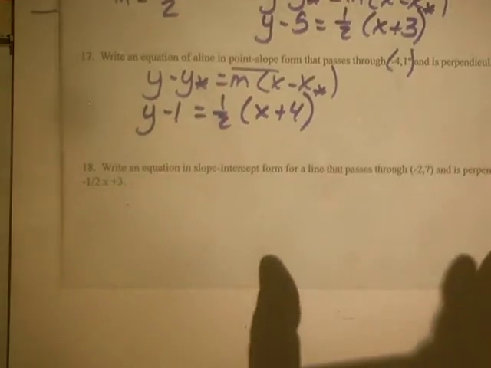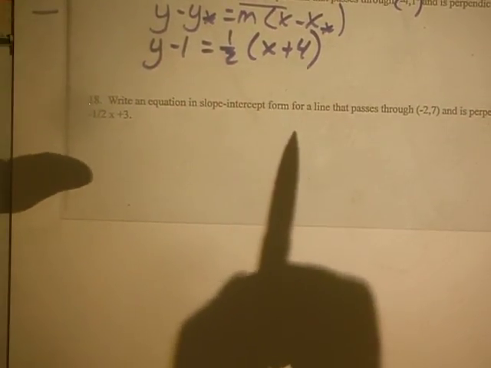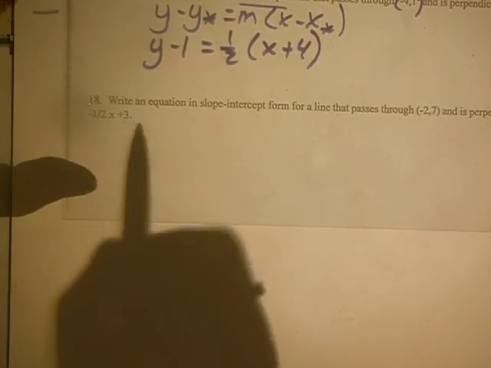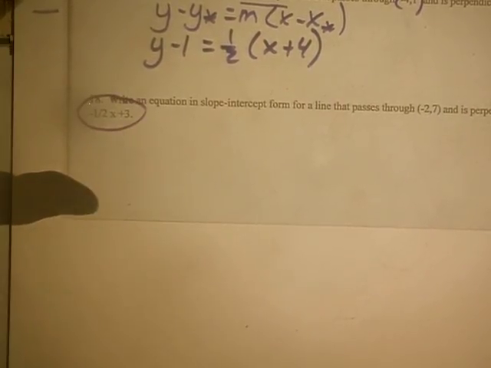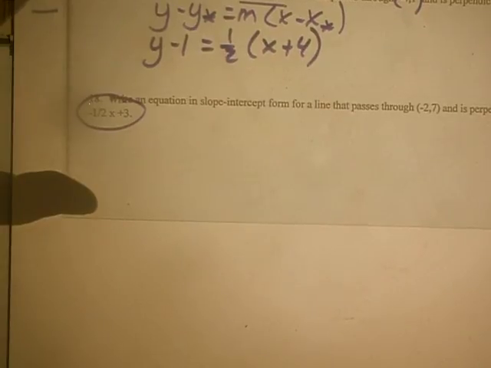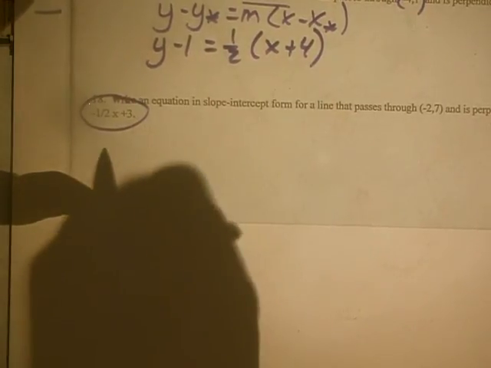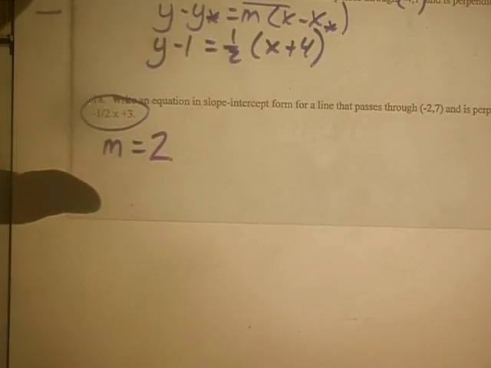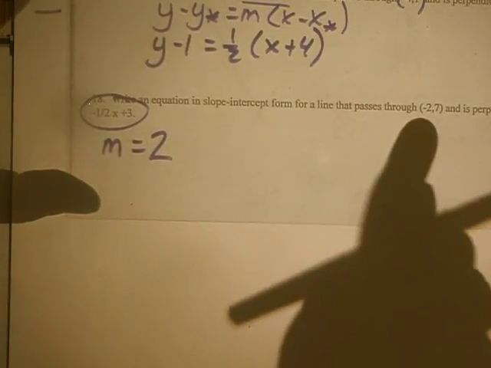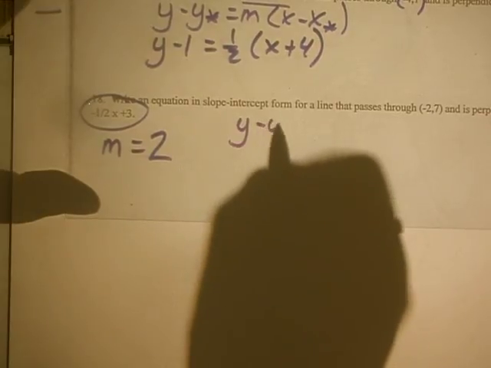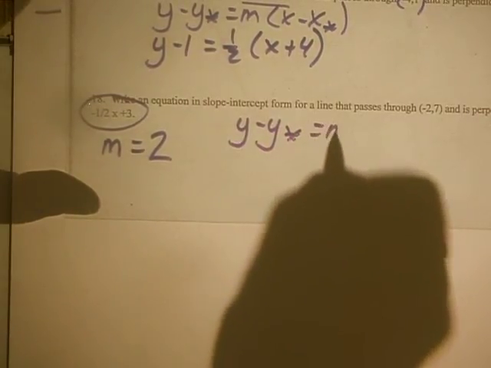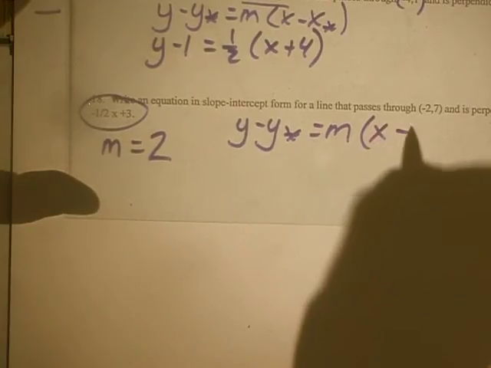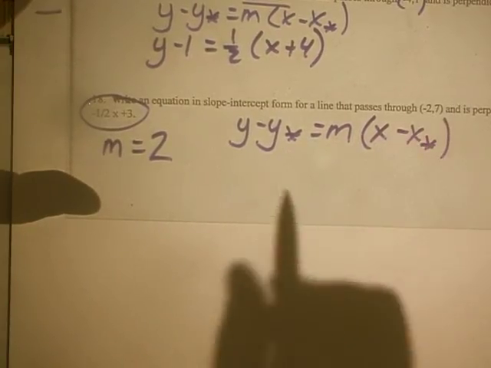And number 18, write an equation in slope-intercept form for a line that passes through negative 2, 7 and is perpendicular to this line. Well, if we want to be perpendicular to that line, we need the negative reciprocal. So the slope we are looking at is m equals 2. And if it's going to pass through that point, we need to substitute into y minus y star equals m times x minus x star.